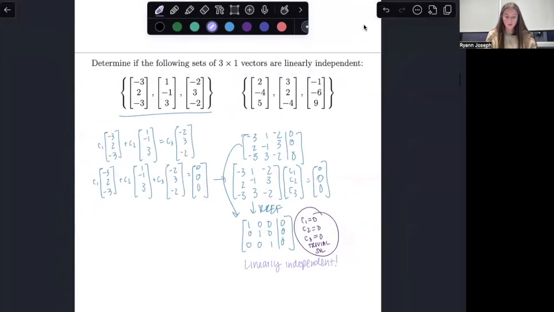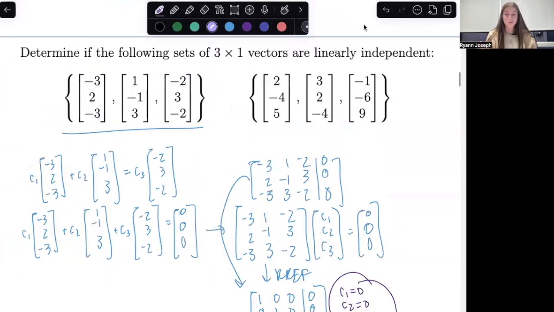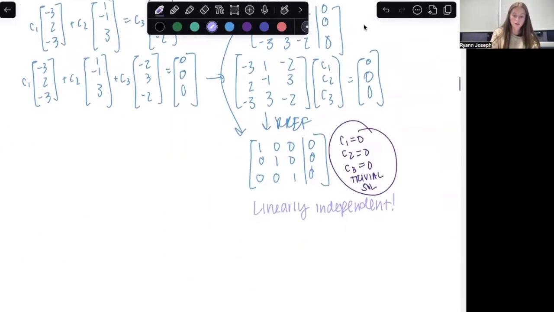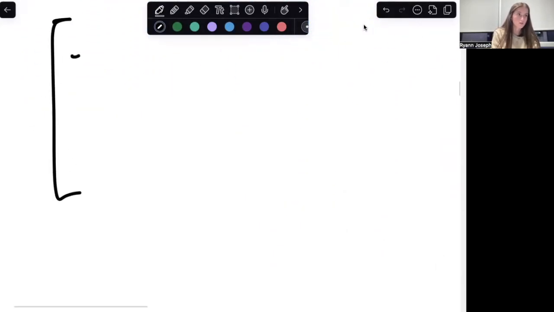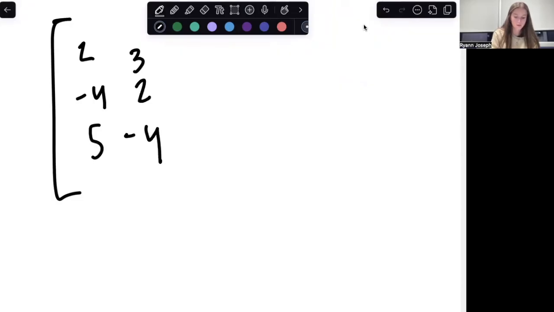Cool. Then if we do the same thing for the second set, you can imagine this one is going to be linearly dependent. We can do the same thing. I'm just going to sneak ahead and write it as a matrix. So -2, nope, already wrong. 4, -4, 5, 3, 2, -4, -1, -6, 9.